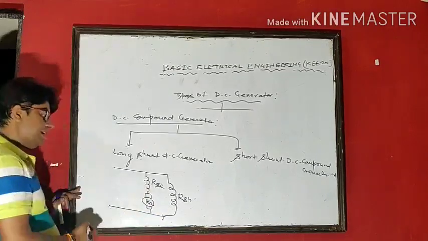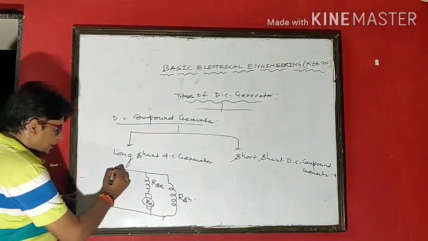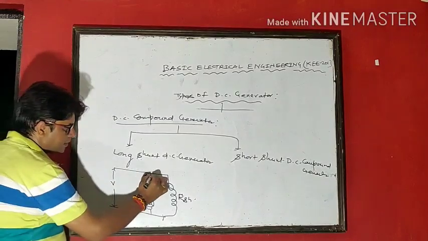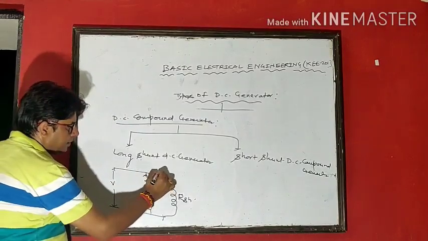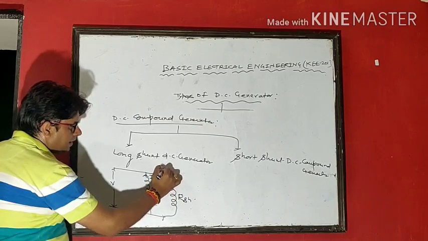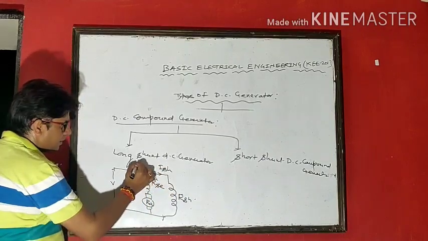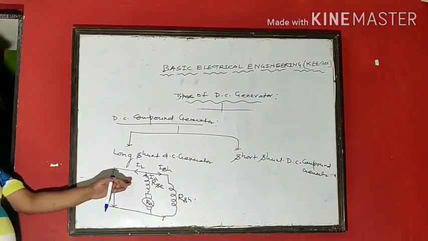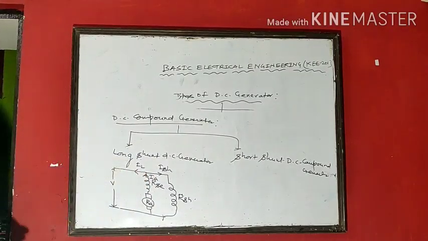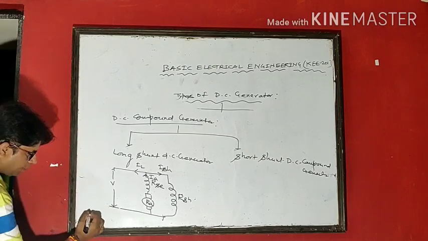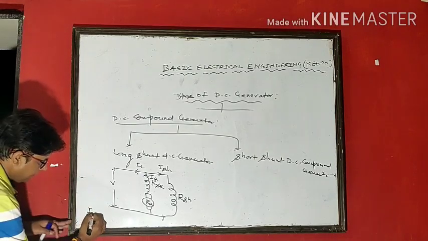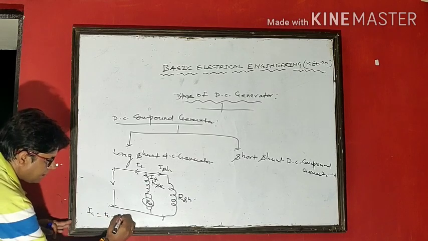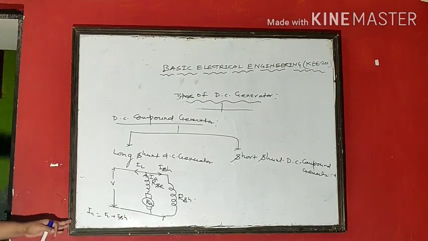Therefore we named it RSE. Here the terminal voltage V, here armature current IA, here ISH, and here IA. From this diagram, what is the value of IA? IA equal to IL plus ISH.